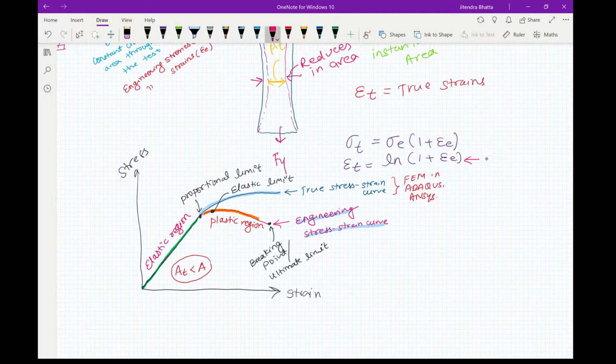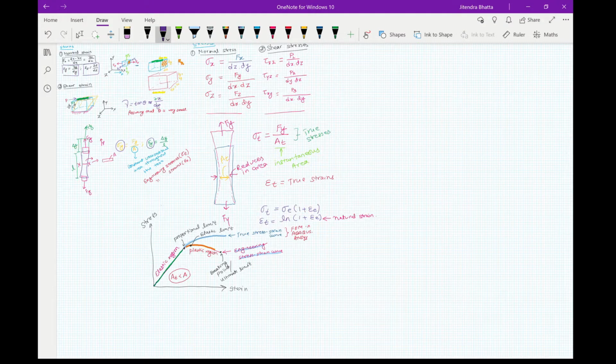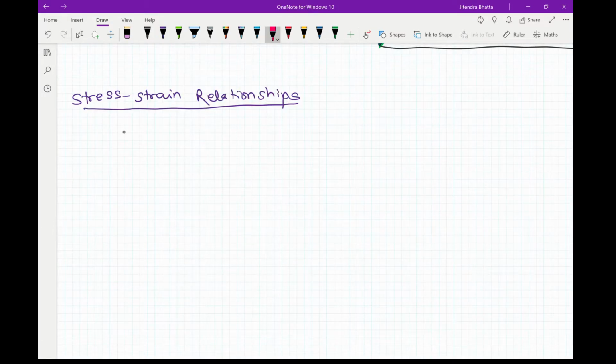Therefore, true strain is sometimes known as natural strain. Now, we'll look into the relationship between stresses and strains. As you all know about Hooke's law, which states that stress is proportional to strain.